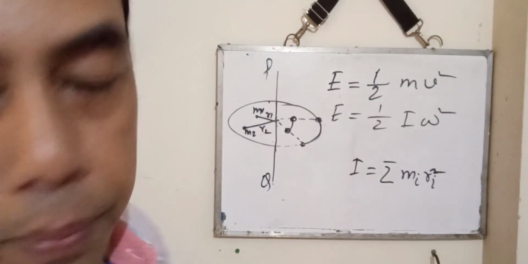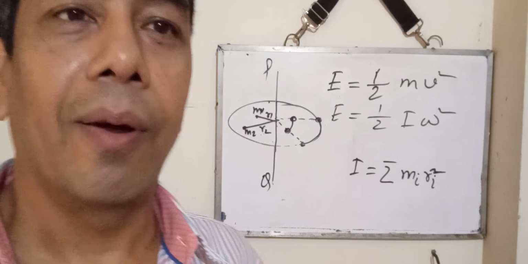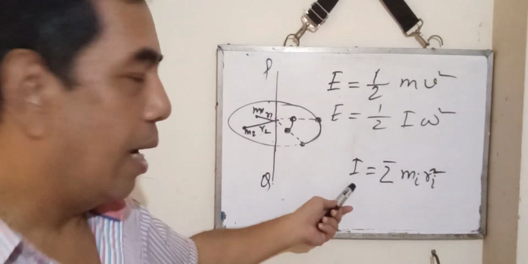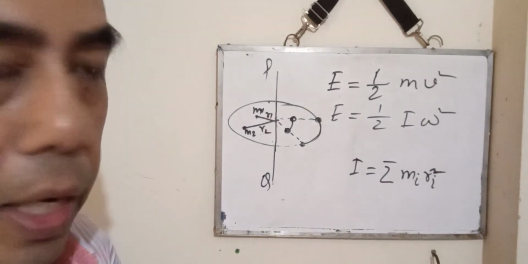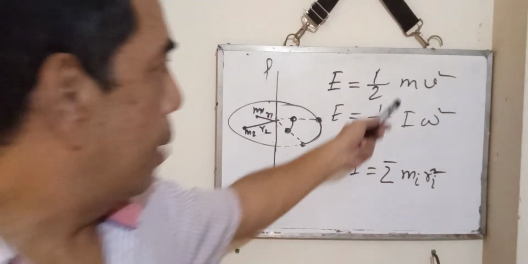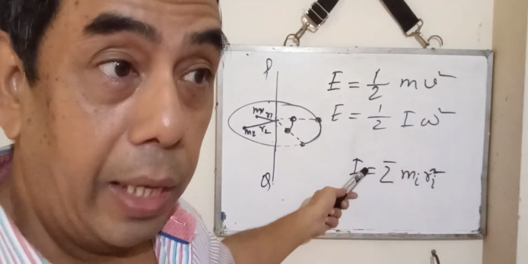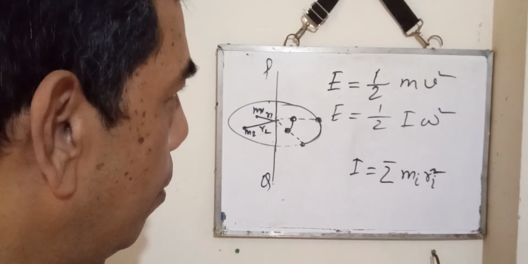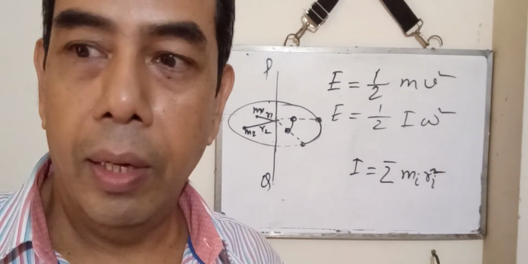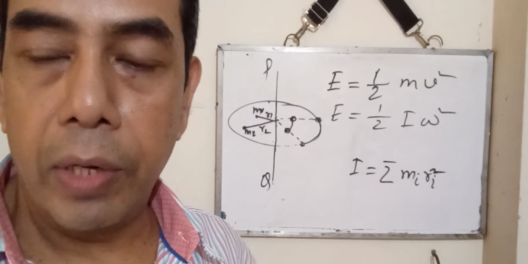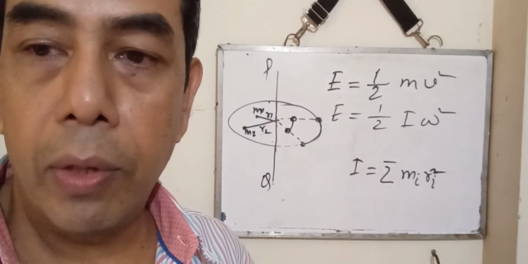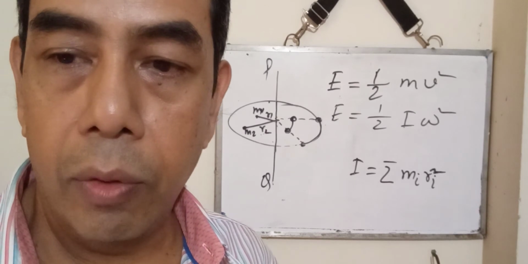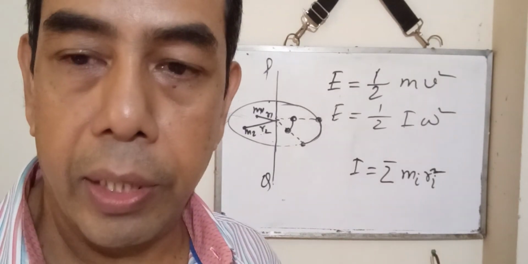I is called the moment of inertia. M is linear mass, I is angular mass. This angular mass is called moment of inertia because moment of inertia is the tendency to resist angular acceleration.